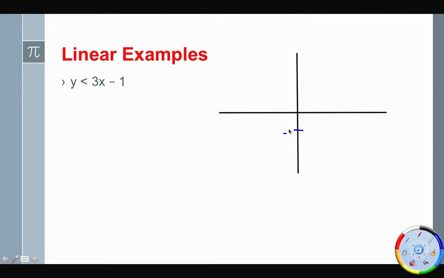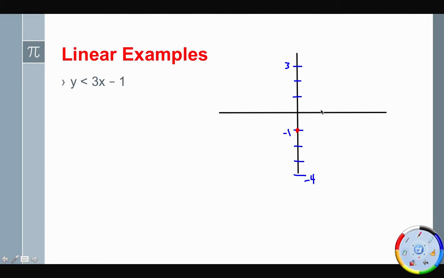So here at -1, I need to go up 3 and right 1, and eventually down 3 and left 1. So here's -4, and here's 1, 2, 3. All right, so to draw this line, I need to say, okay, my y-intercept is -1. I'm going to go up 3 and right 1.